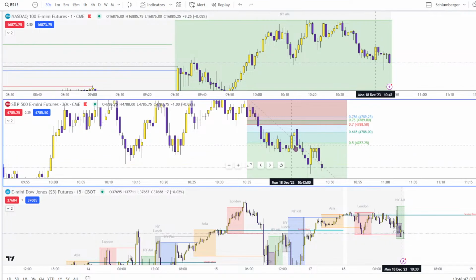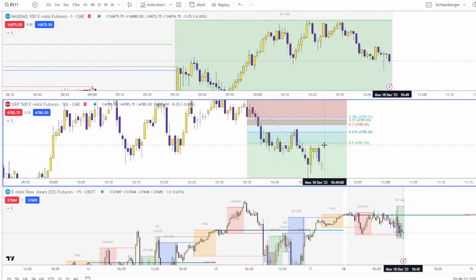This is your inversion fair value gap again, right there. To be bullish, I want to see it get above that and through that.